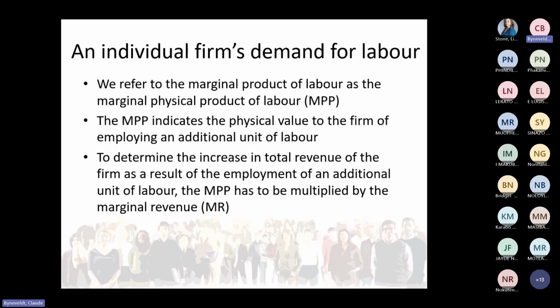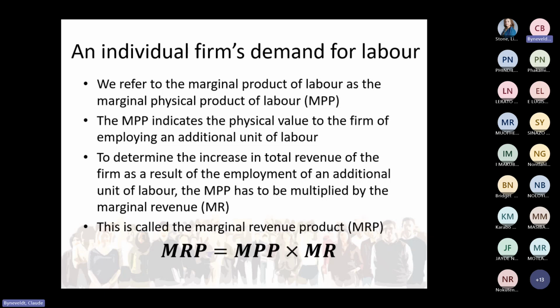So the MPP has to be multiplied by the marginal revenue to determine the increase in total revenue as a result of employing an additional unit of labor. So you will get the MRP, which is the MPP times the MR.